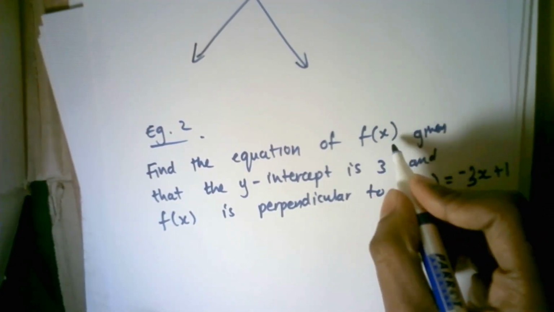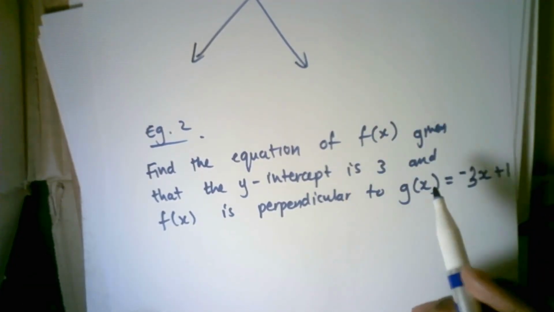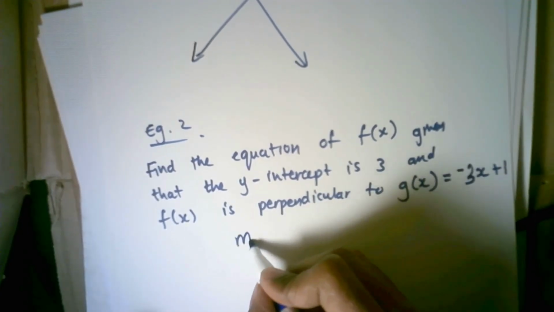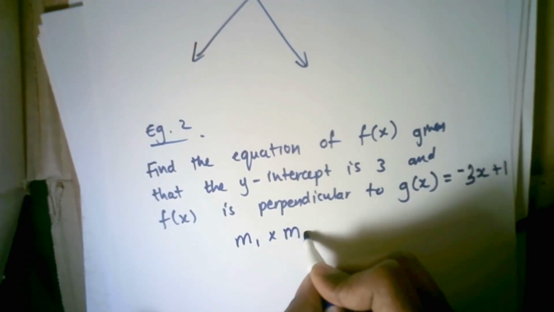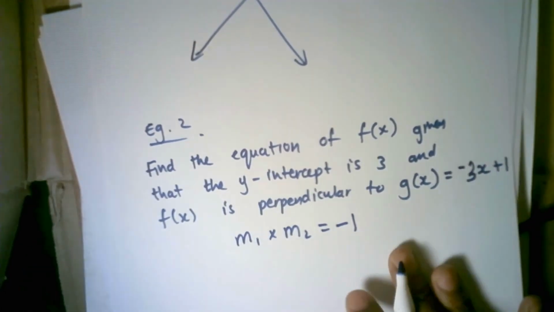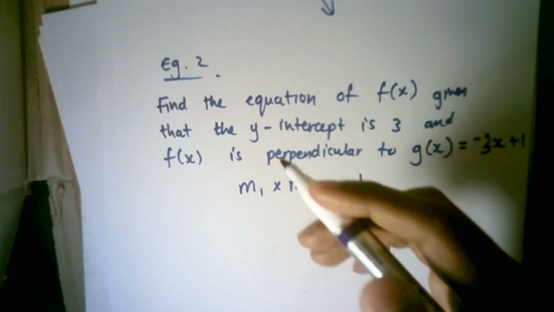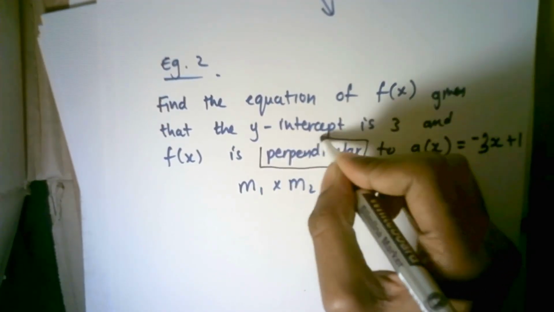So let's say f of x is line 1, and g of x is line 2. So it means that m1 times m2 is equal to negative 1, because the two lines are perpendicular. Do not get confused between perpendicular lines and parallel lines.